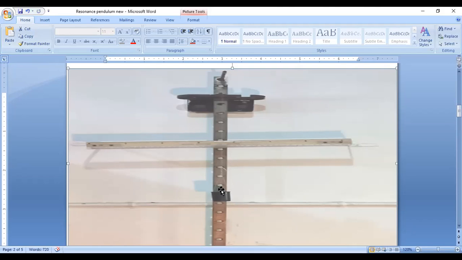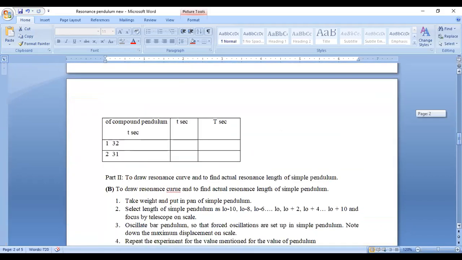Suppose I put mass M1, then you oscillate the pendulum and find out the maximum amplitude on both the sides, right hand side and left hand side. Then you change to mass M2, then M3, and every time you perform the experiment as you did in the previous part, and note down your observations.